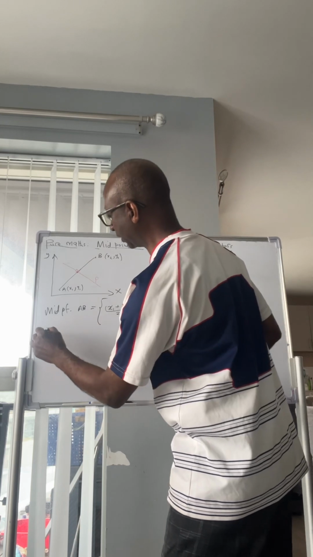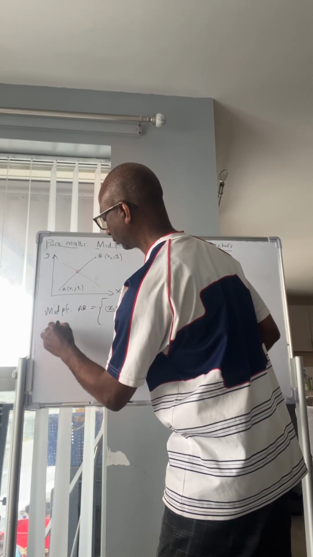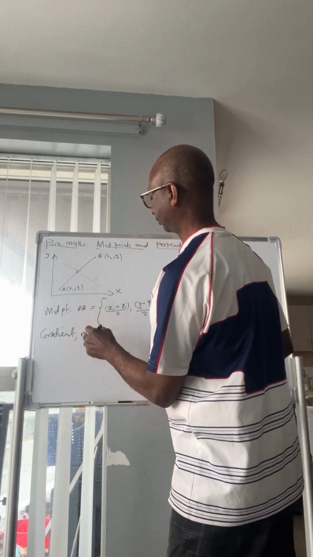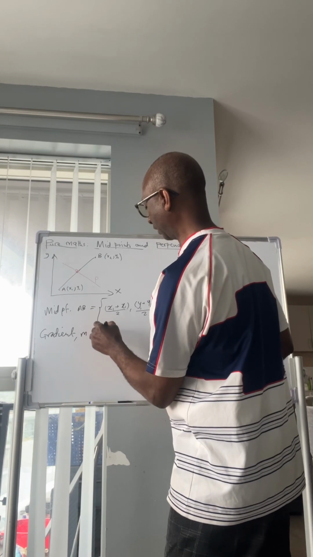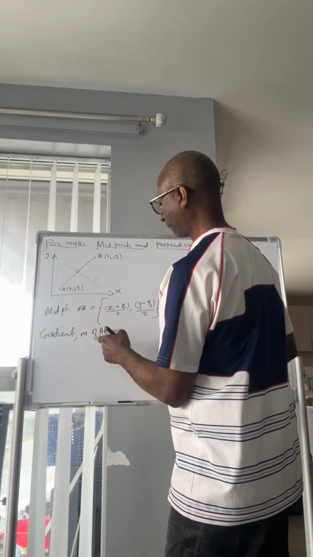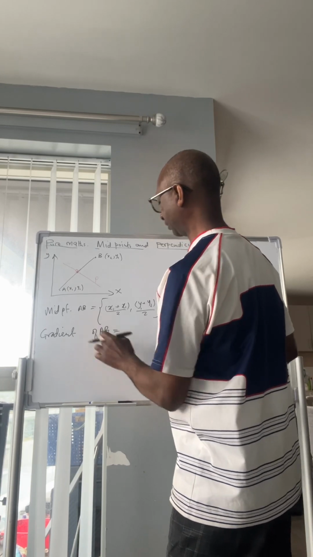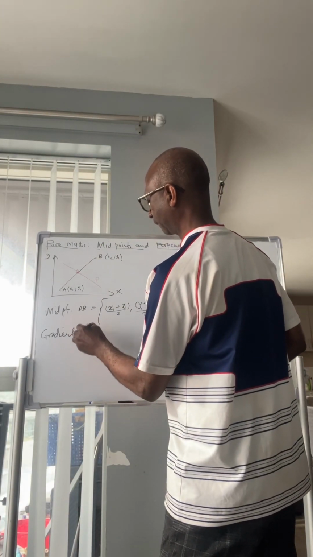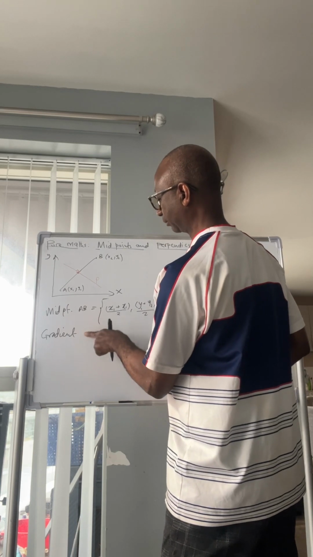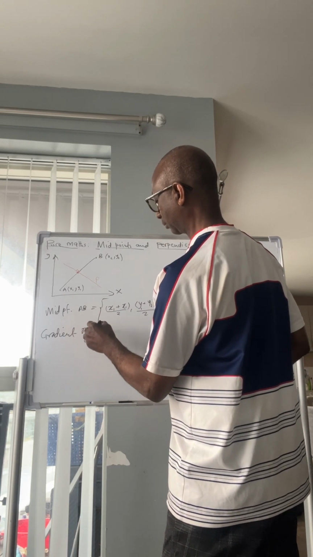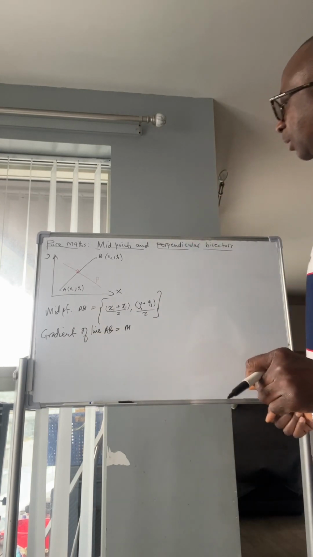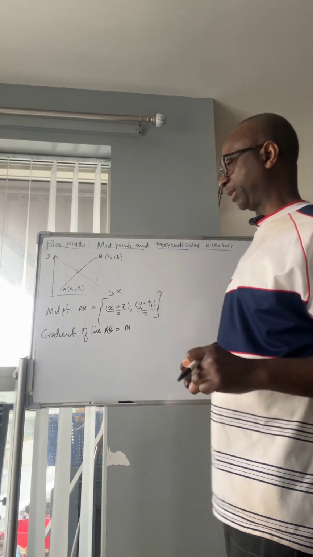So the gradient of line AB is equal to M. So how do we find the gradient of line P?